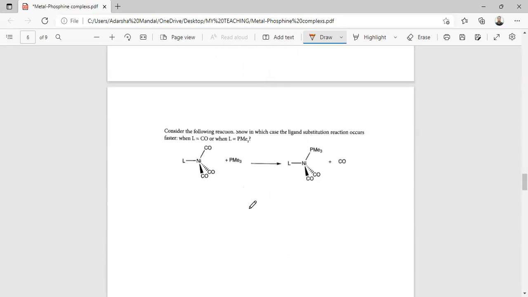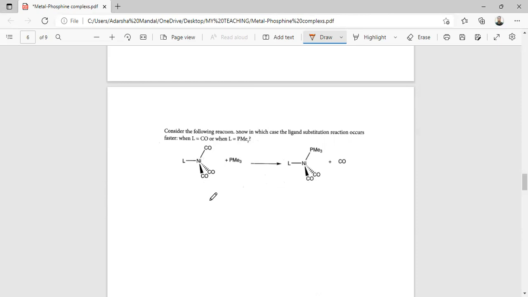So now I will discuss some questions. The first question is, consider the following reaction. In which case does the ligand substitution reaction occur faster, when L is equal to CO or when L is equal to PMe3?